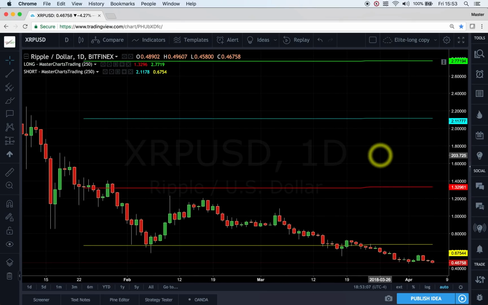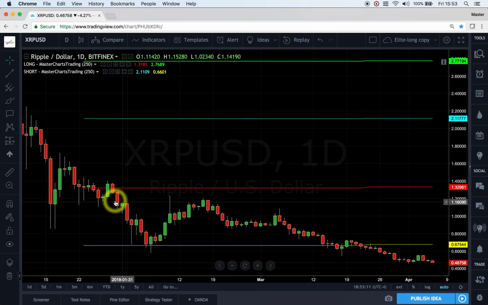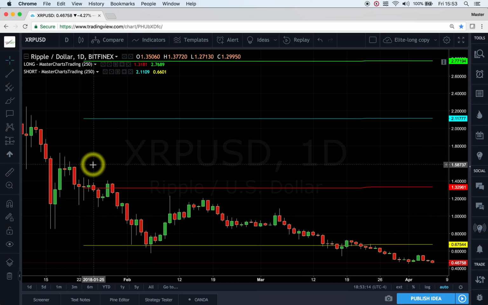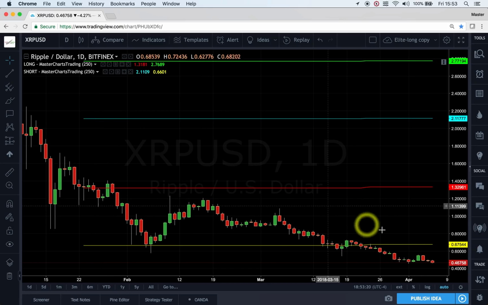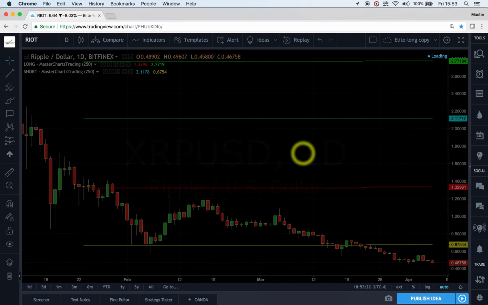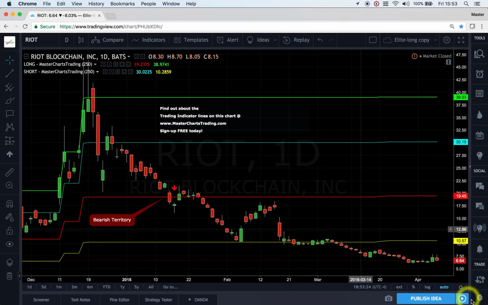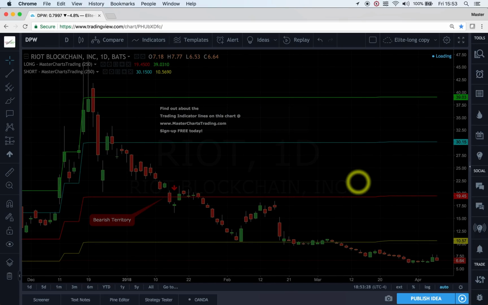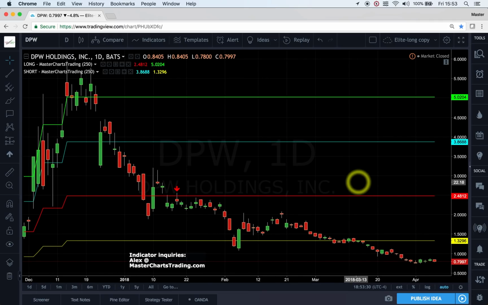Finally, XRP versus USD, also known as Ripple. Also a bearish security. This one started the bear market even earlier, in January 2018, and it still continues. You can see several providers. Here's Riot Blockchain at fresh lows. I think DPW also is some sort of a crypto leveraged play.